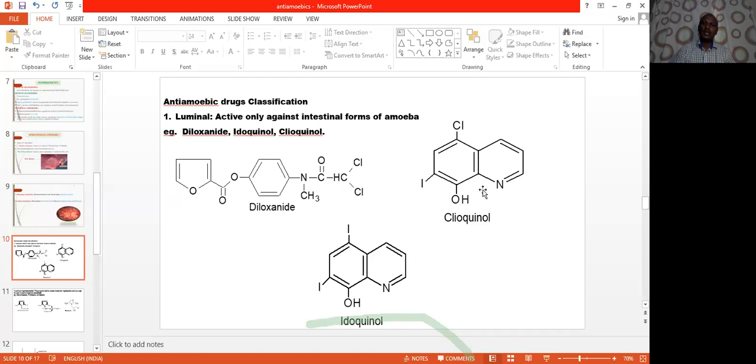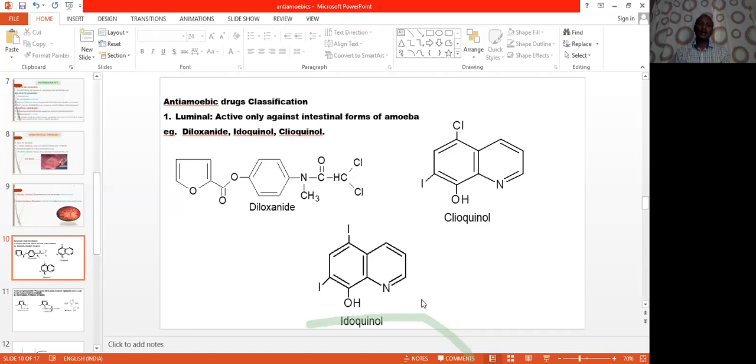And for all these drugs, diloxanide and clioquinol and iodoquinol, the exact mechanism is not yet known, how they act on the Entamoeba histolytica, that is the protozoa causing amoebiasis.